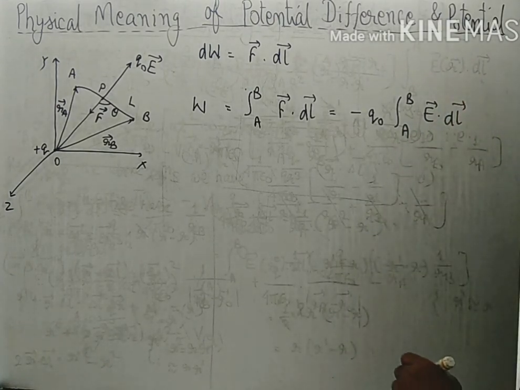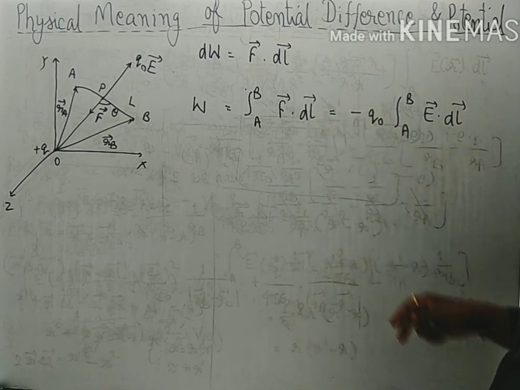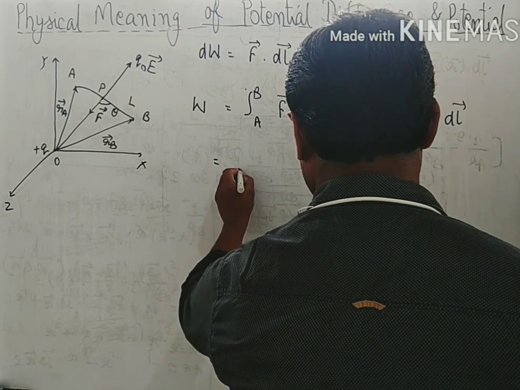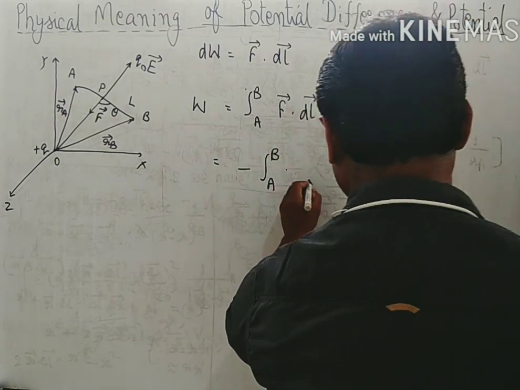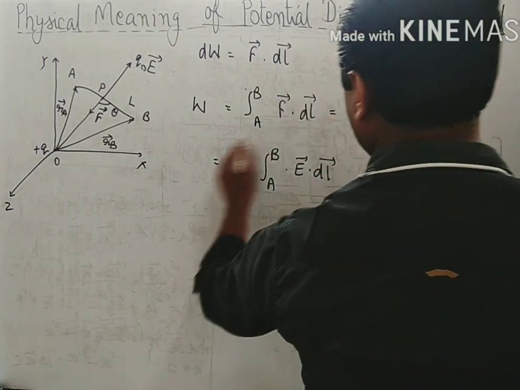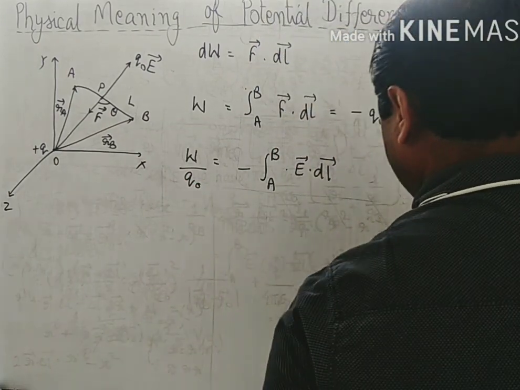This value we have already seen in a previous topic, we can write it further. This is equal to minus integral from A to B E dot dl. Now just dividing both the sides by Q naught, we have this thing with us.